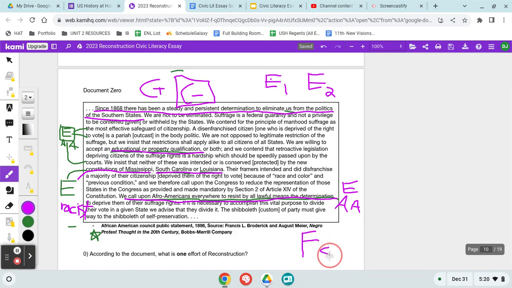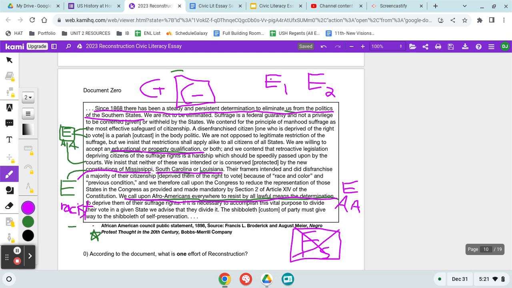And I don't even know if I see too many successes in this actual document, to be honest. I like the efforts, but I don't know if I see successes evidenced in here. But generally, if I was using this paragraph, I would use it to describe the circumstances or explain the efforts.